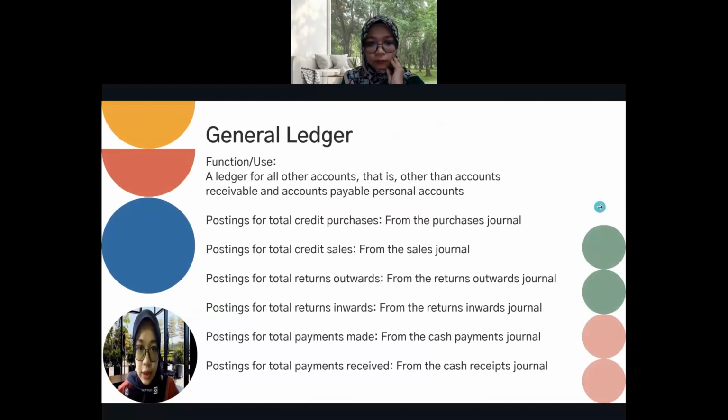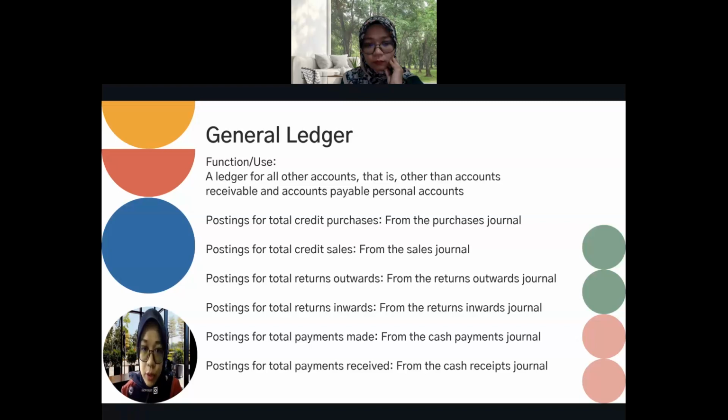Meanwhile, the general ledger is used to record all accounts other than account receivable and account payable. In this ledger we record the total credit purchase. For example, debit purchase and credit account payable: the account payable side is in the account payable ledger, but the debit purchase or inventory side goes in the general ledger.